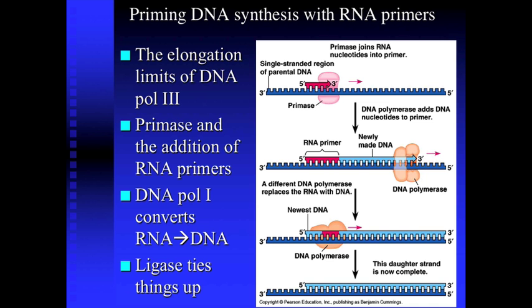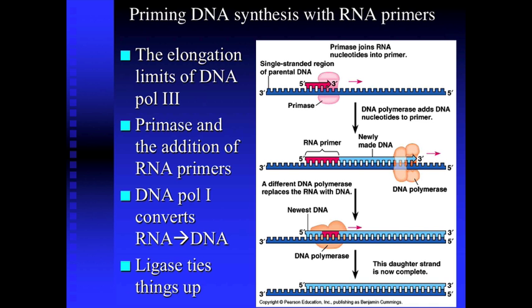The primer is made of RNA, and so another enzyme comes into play. That enzyme is called primase. So we've opened up the double helix with the help of helicase and single-stranded binding proteins.